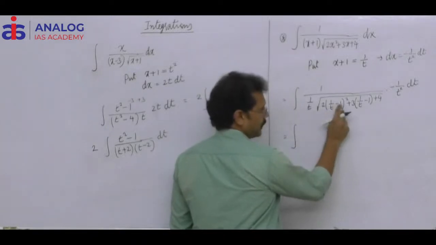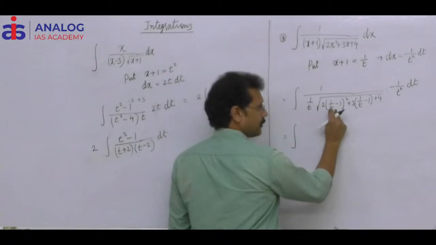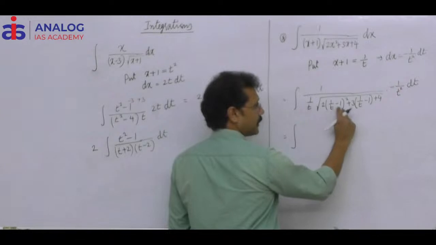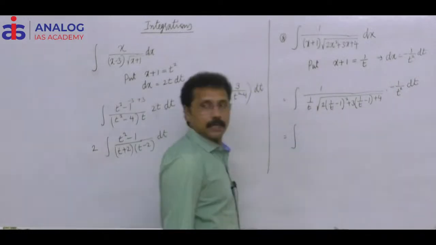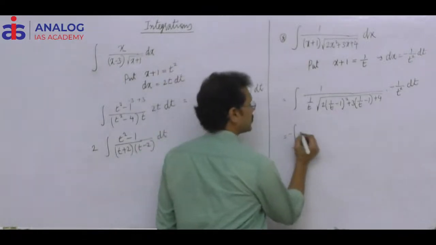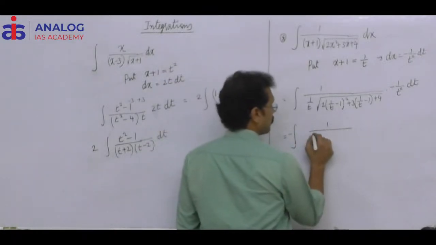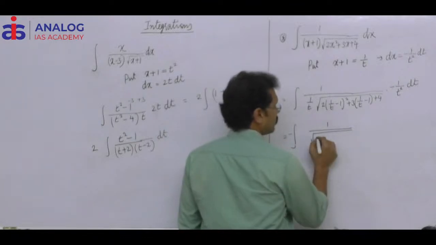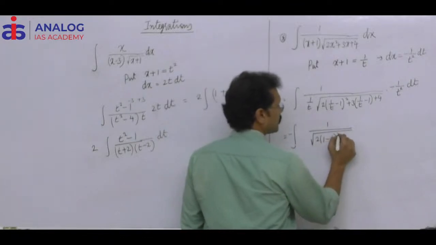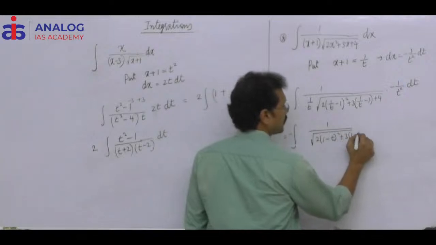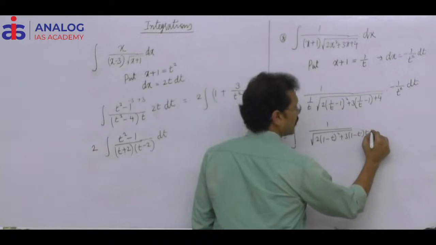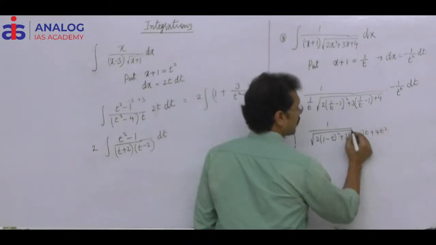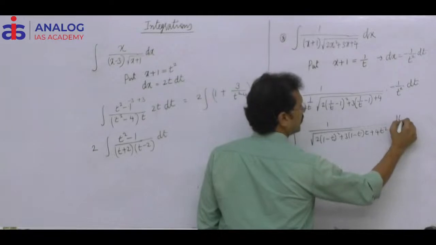From here, in the denominator, in the square root, 1 by t square comes out if you take the LCM. The 1 by t and 1 by t square get cancelled. Minus 1 by square root of 2 into (1 minus t) whole square plus 3 into (1 minus t) times t plus 4t square dt.